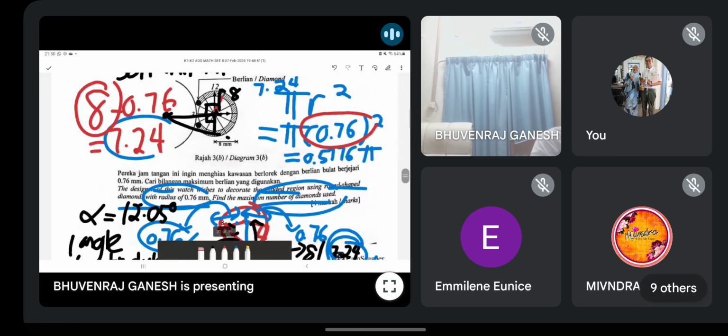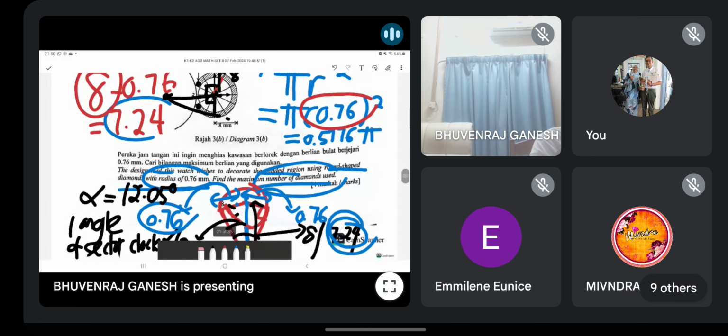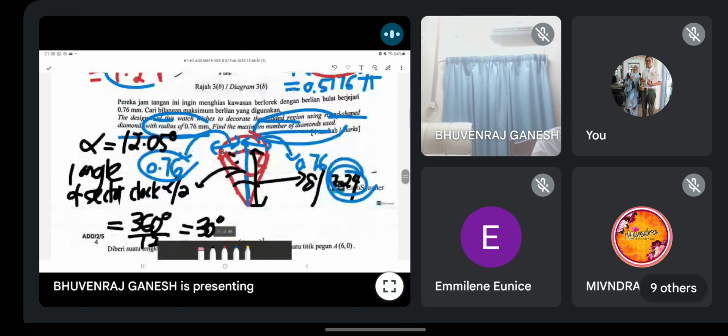So then you can actually take 300 degrees, directly compare with the angle for this one, because all the sectors total up to 300 degrees, major sector. Am I right, guys? Jumlah sector dia total up 300 degrees untuk major. One sector is 12.05 based on this one over here. Yang kecil ni.